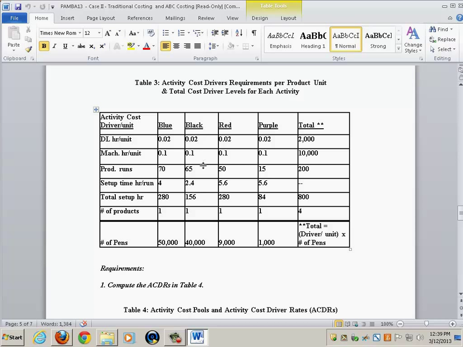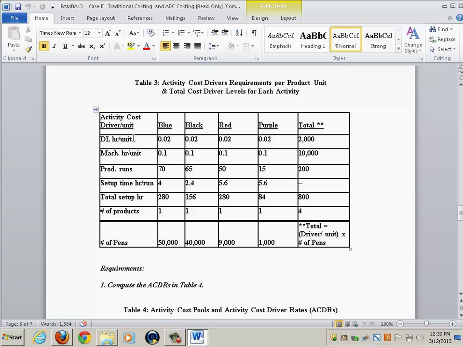Plus 0.1 for 40,000 is 4,000. It's 9,000. Plus 0.1 for 9,000 is 900, so 9,900. Plus 0.1 for 1,000 is 100. 9,900 and 100 is a total of 10,000.